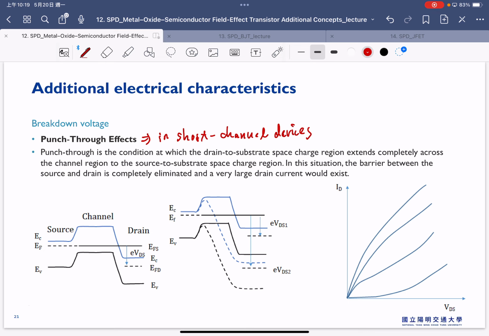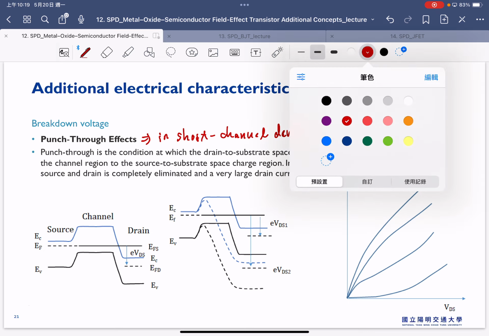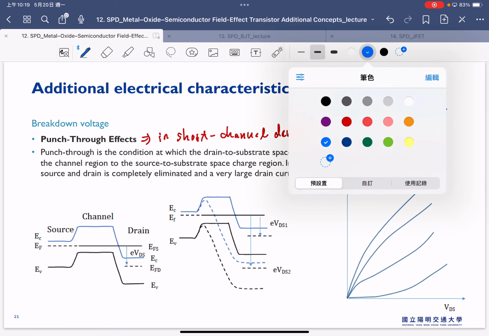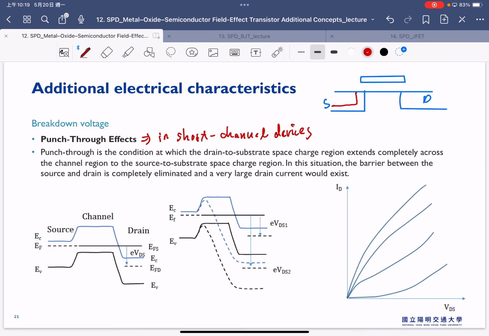So this is because we actually already mentioned before, if we consider the MOSFET, we all know that in the MOSFET there's already the depletion region formed in the source side and the drain side.